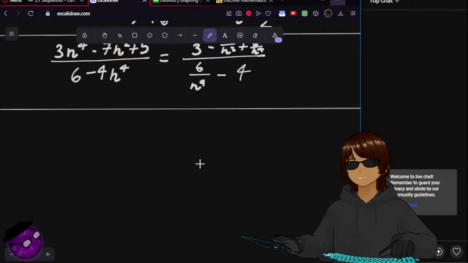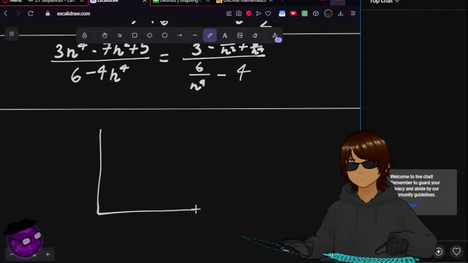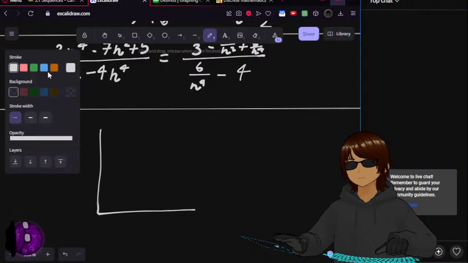So for a particular sequence, suppose you had points like this, and then the function is something like this.